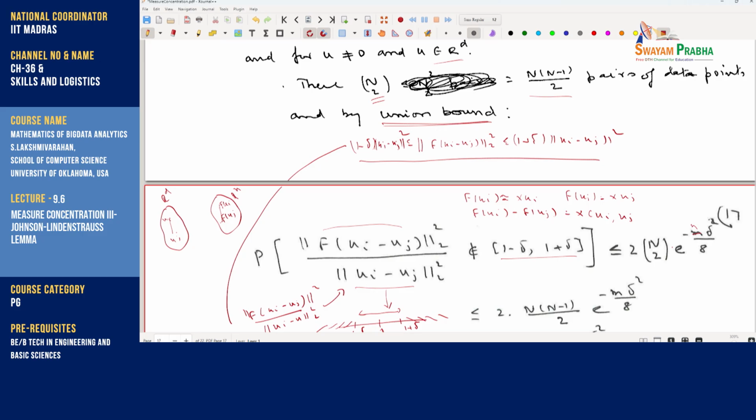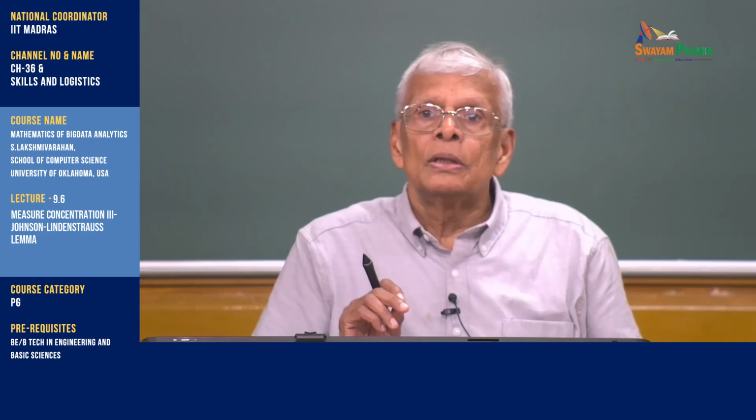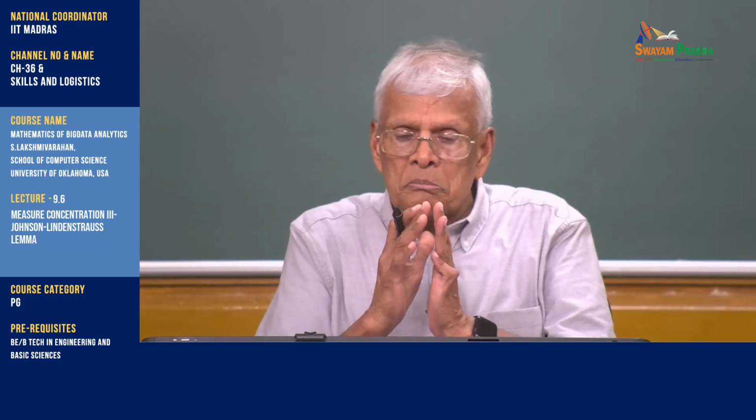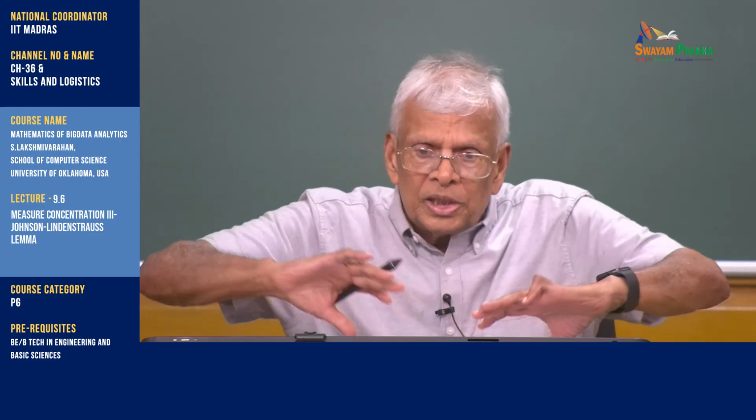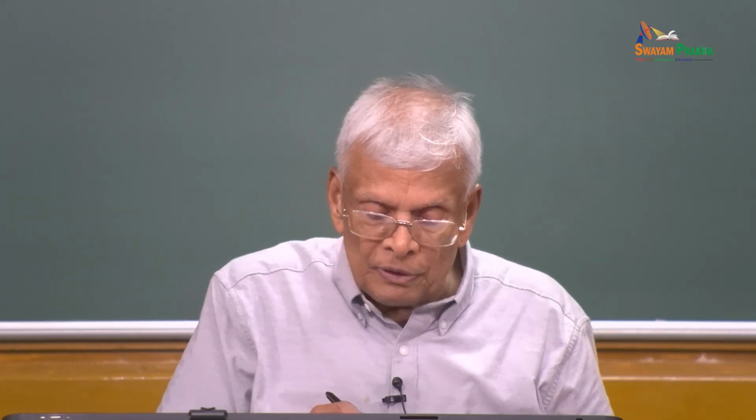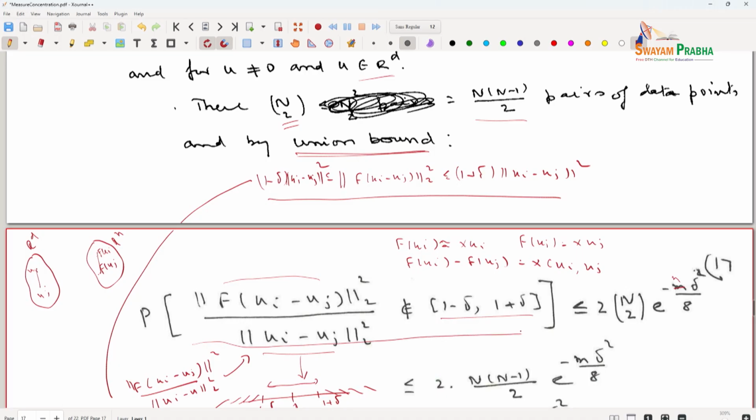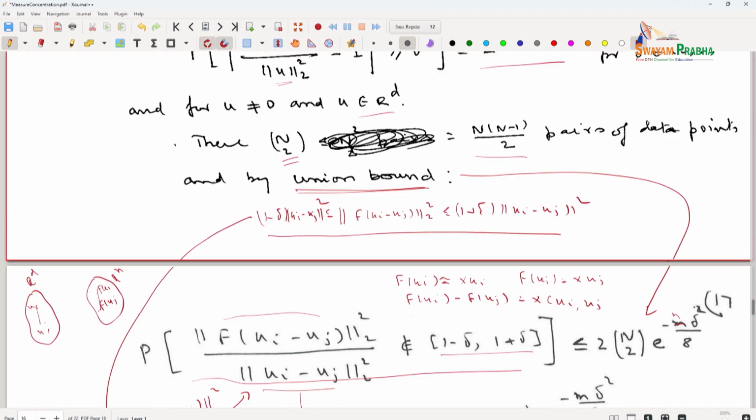the random variables ui are independent. So, what is the probability that a set of mutually independent random variables, the union of them happens? So, I am interested for all i and j, for any ui uj, this ratio does not lie in the interval, by union bound. This is the union bound. Must be less than or equal to, go back.